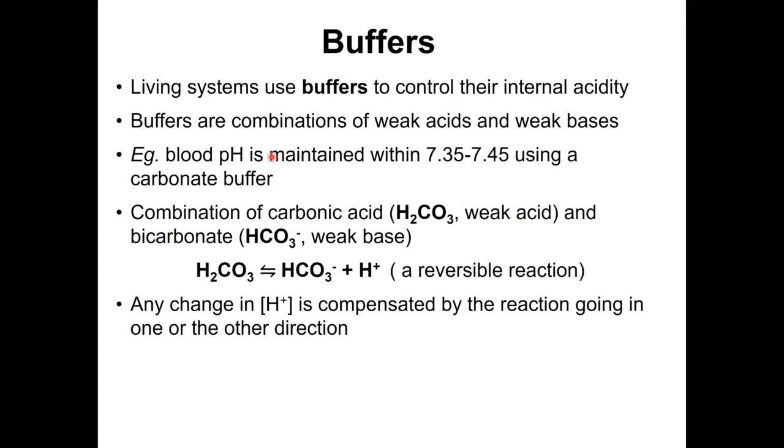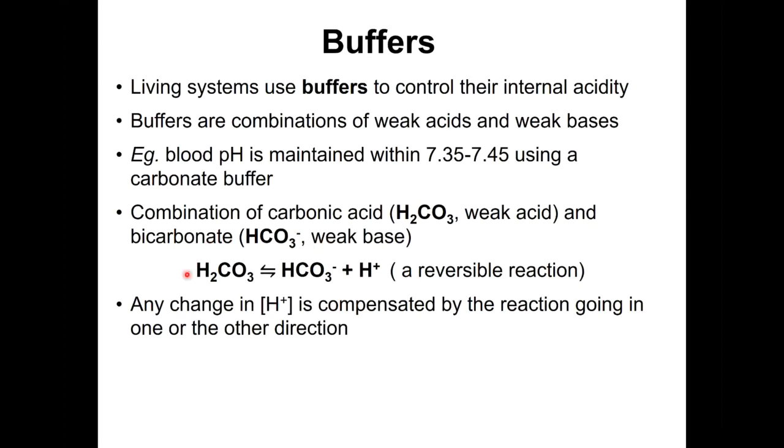in the system. Again, going back to the example of your blood pH, it's maintained within this range, 7.35 to 7.45. How this is done is by using what is called a carbonate buffer, which consists of carbonic acid, this molecule here, which is the weak acid, and the base that is formed when carbonic acid loses one proton, which is bicarbonate, this molecule right here, which works as a weak base.